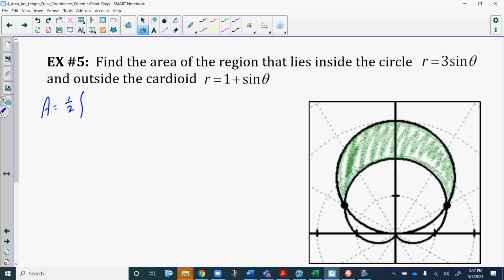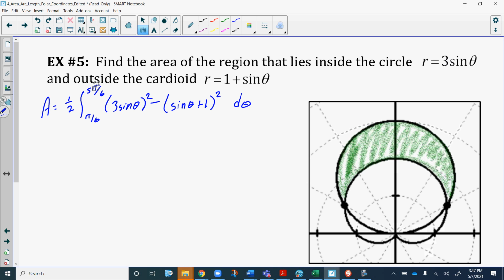My definite integral is from pi over 6 to 5 pi over 6. And we're going to take the circle squared, so 3 sine of theta squared, minus the cardioid squared, and I'm going to rewrite that one just a little bit. I'm going to just reverse it. Sine of theta plus 1 squared d theta.